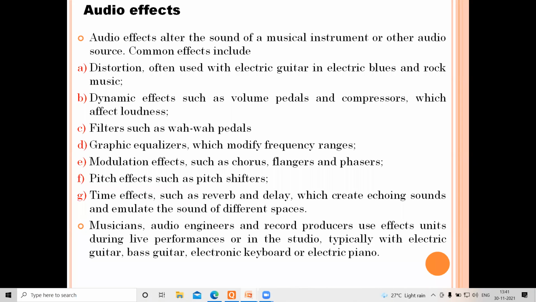Therefore, time effects such as reverberations and delays, which will create your echoing sounds and emulate the sounds of different spaces. Musicians, audio engineers, and record producers use effects units during live performances and in the studio, typically with electric guitars, bass guitars, electronic keyboards, or electronic pianos, which all use an electronic device.